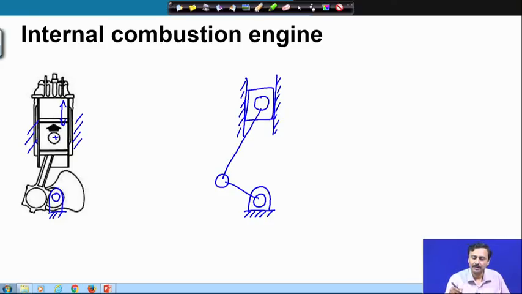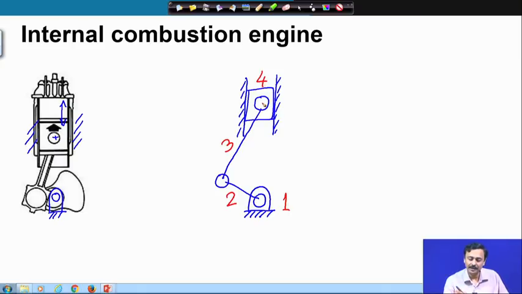Let us number them. So, ground is 1, the crankshaft is 2, the coupler is 3, and the piston, remember, is another rigid body.